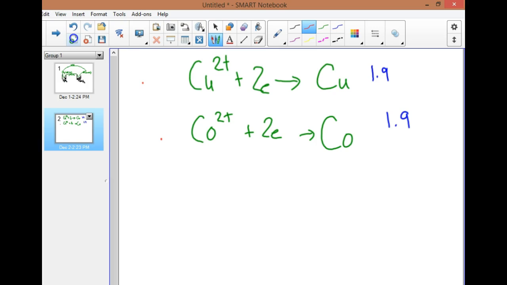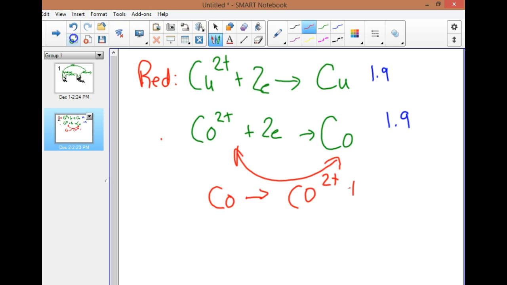Copper. This is going to be the reduction reaction. This other one has to swap around. You have to flip that equation, and you have to make it Co to Co2+ plus 2 electrons.